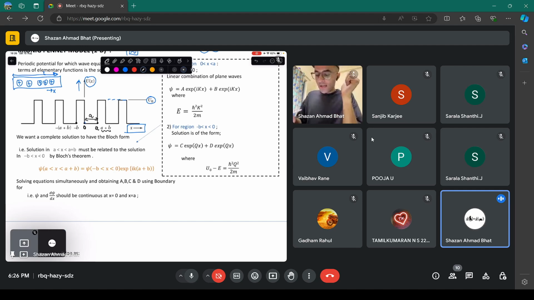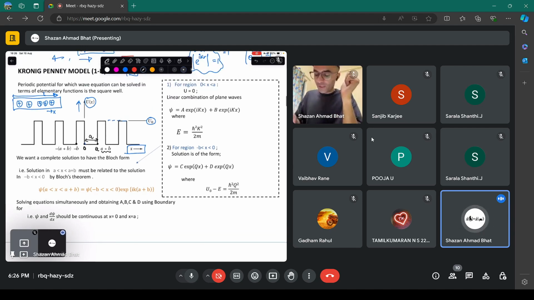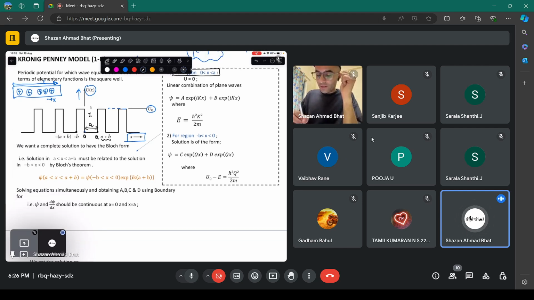Now for the first region, that is this region, U is equivalent to 0. We are considering the potential in this region to be 0, and this other potential is U naught.